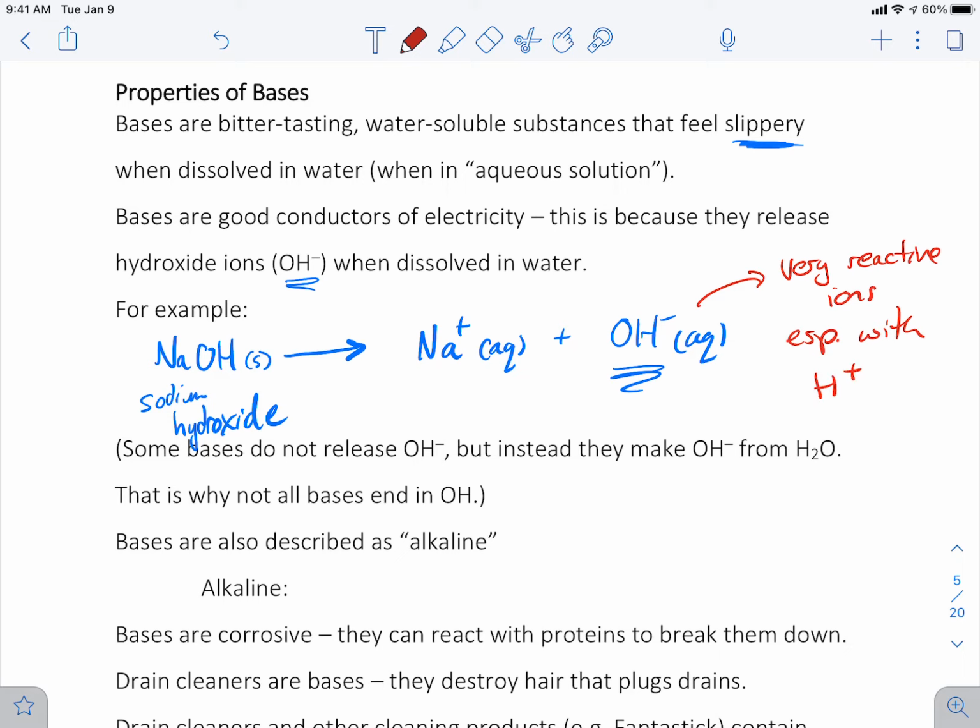Now the trick is that H plus doesn't have to be in the solution yet. Hydroxide ions can even rip the hydrogens off of other chemicals, and that causes all sorts of problems. And it is one of the ways that bases can break down chemicals, like dirt, or like the coating on a virus, for example.